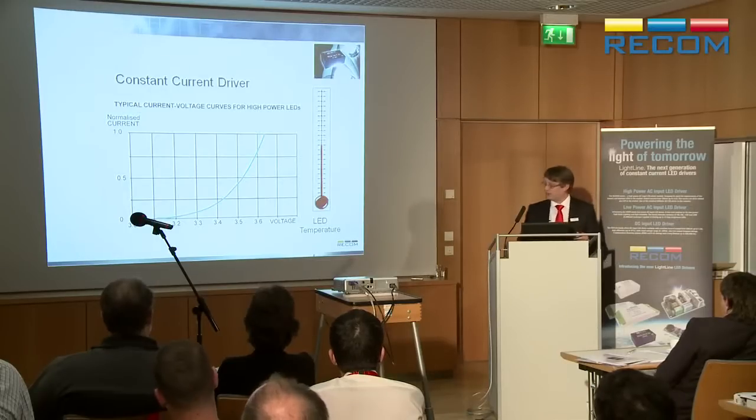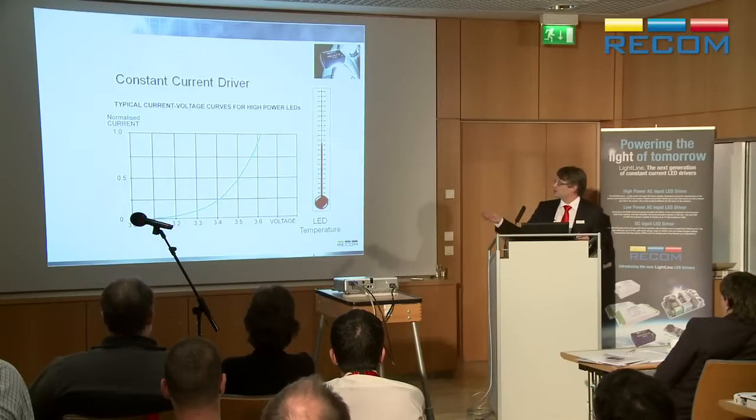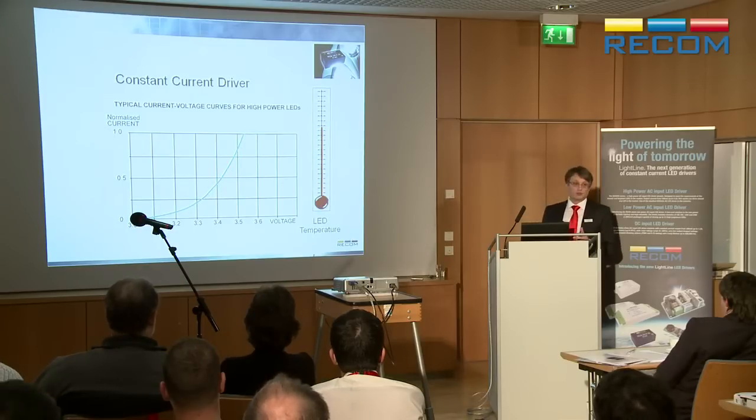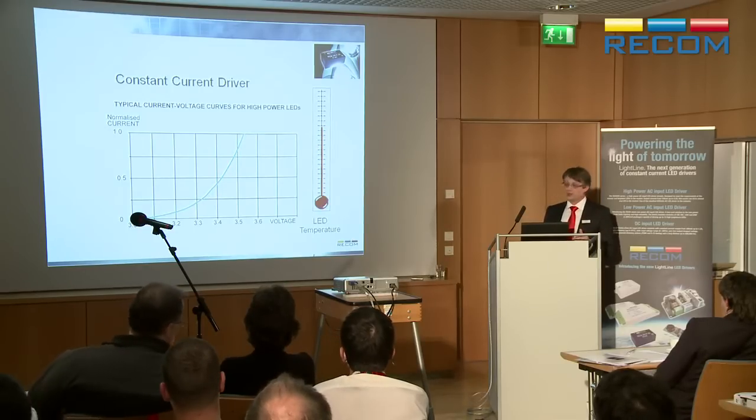Trouble is, if you design a system that works like that, as the temperature changes, these curves shift. So when you're designing a driver to work with the LED, you have to know how the LED characteristic will change as it warms up, because the voltage is going to change. And now the new way of doing things with modular, with multiple chip LEDs, this effect is multiplied.